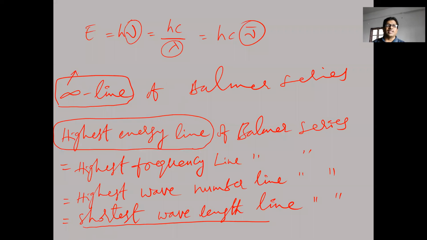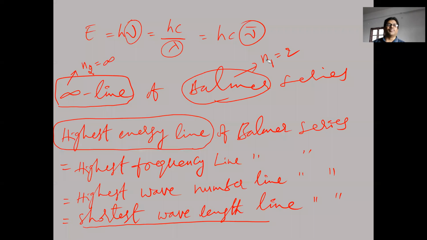For the infinite line, the N2 value is always constant, that is infinite. And for any line of the Balmer series, N1 must be 2. In this example, the electron jumped from which orbit to which orbit? From the infinite orbit to the second orbit.